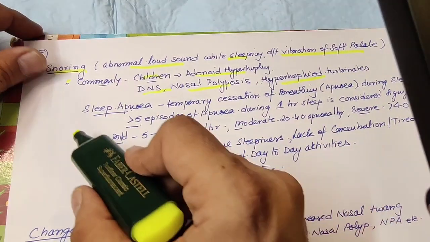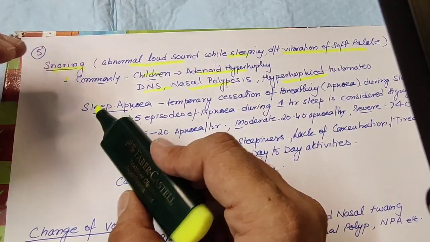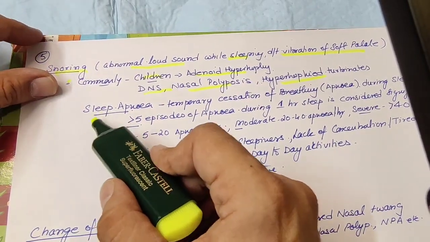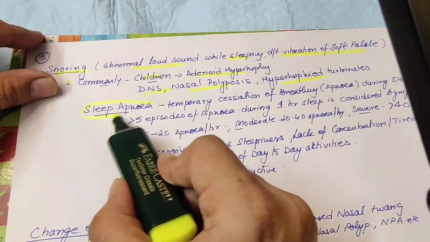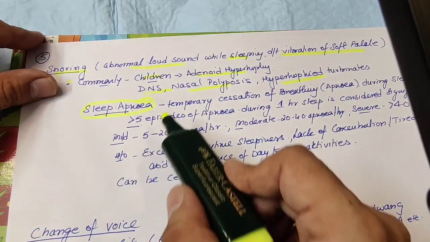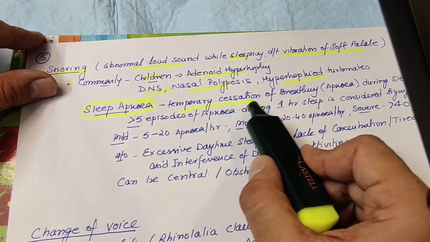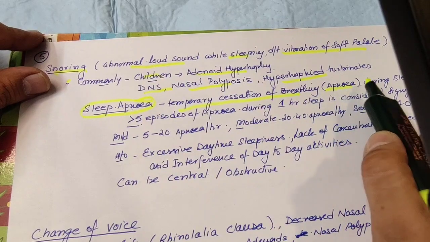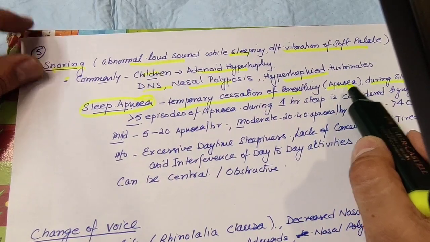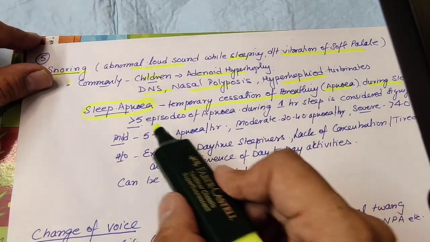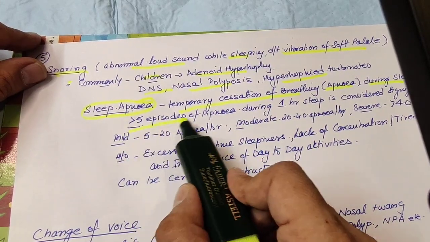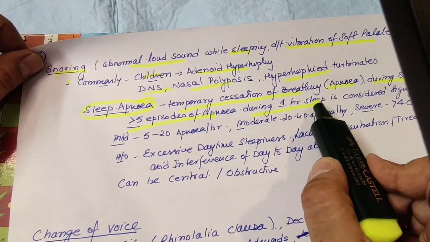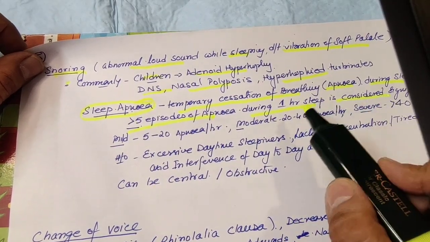Then something which is similar, the underlying condition, snoring is a presentation, but it can indicate a problem which is called sleep apnea. Sleep apnea is basically the temporary cessation of breathing during sleep, which is called apneic spells, and any more than 5 episodes of apnea during 1 hour's period of sleep is considered to be significant.